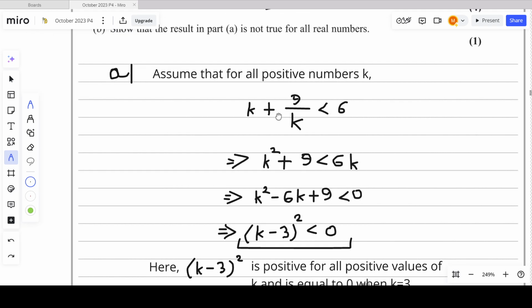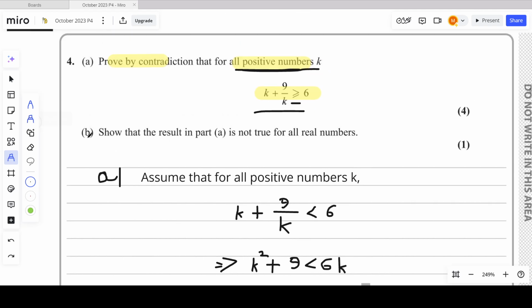Done. Next, for part B, they ask, show that the result in part A is not true for all real numbers. Basically, in question B, we have to go back to some AS level concept, that is proof by counterexample. How did I understand that?